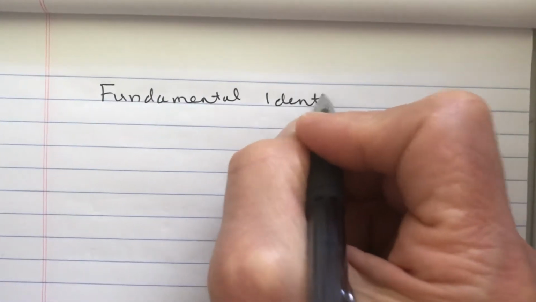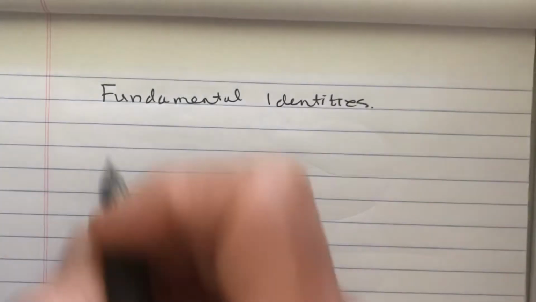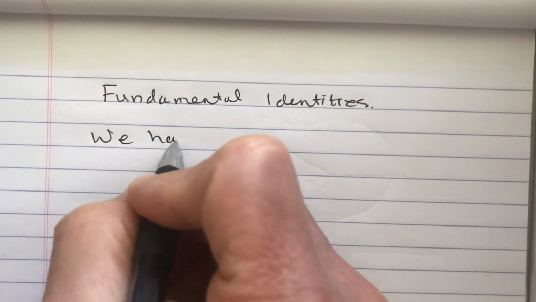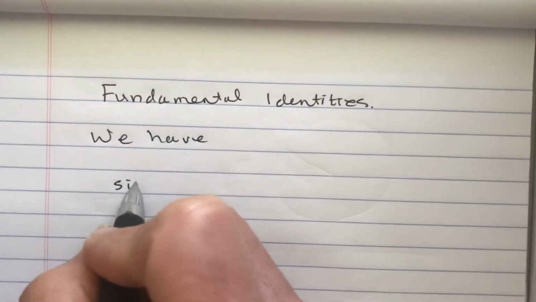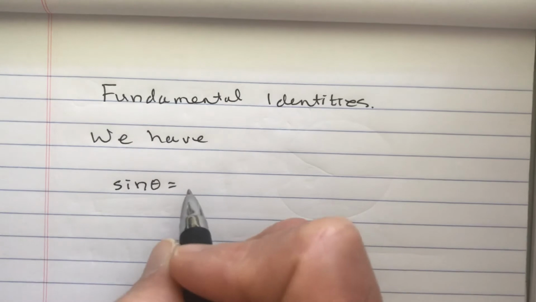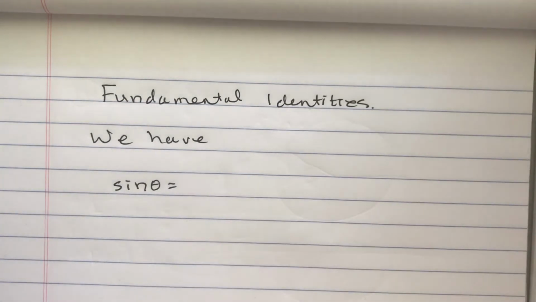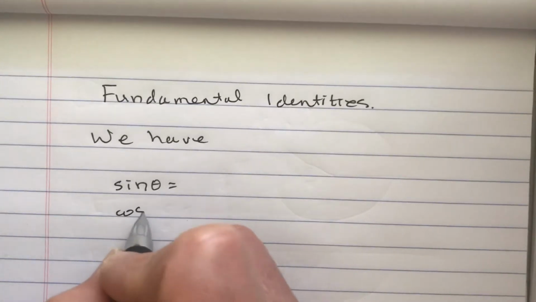Okay, we're going to look at these fundamental identities. First of all, I'm going to start off with these definitions of sine theta and cosine theta and tangent theta.